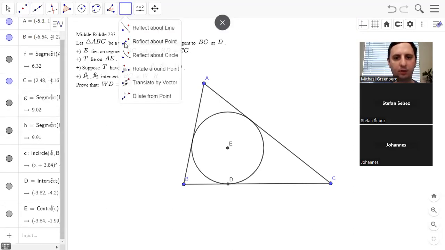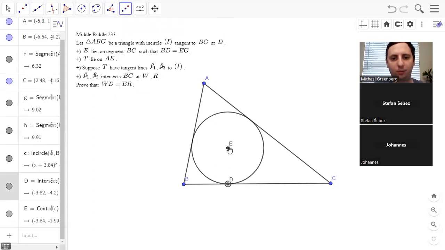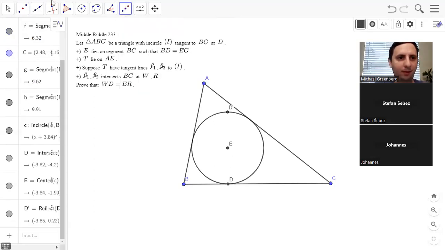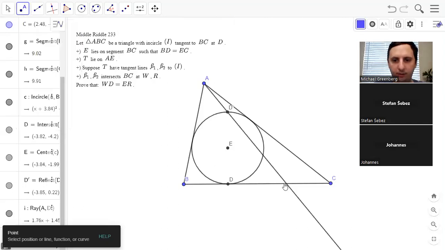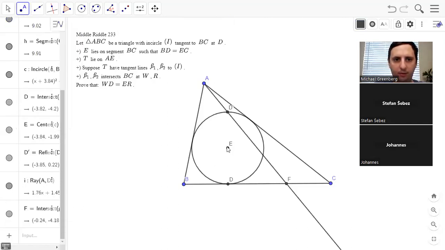I'm going to cheat. I could just use the compass tool, but this might add some useful structure. So this should be point E right here. Let me call this I.